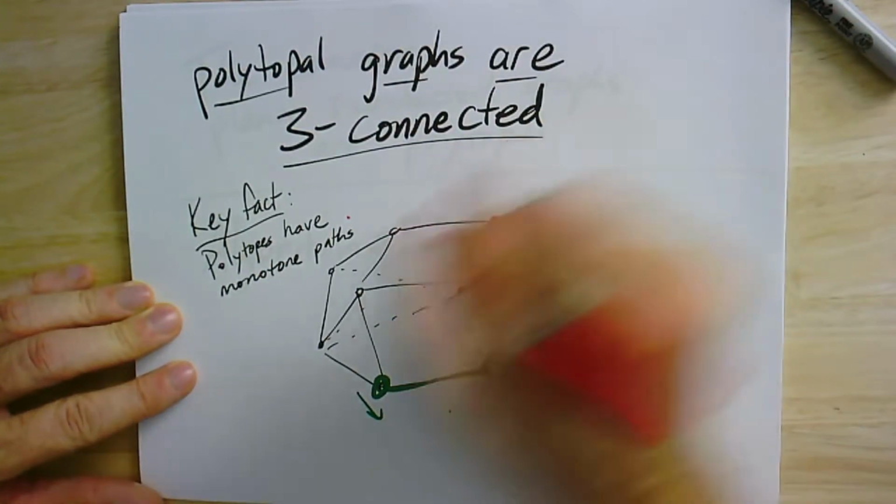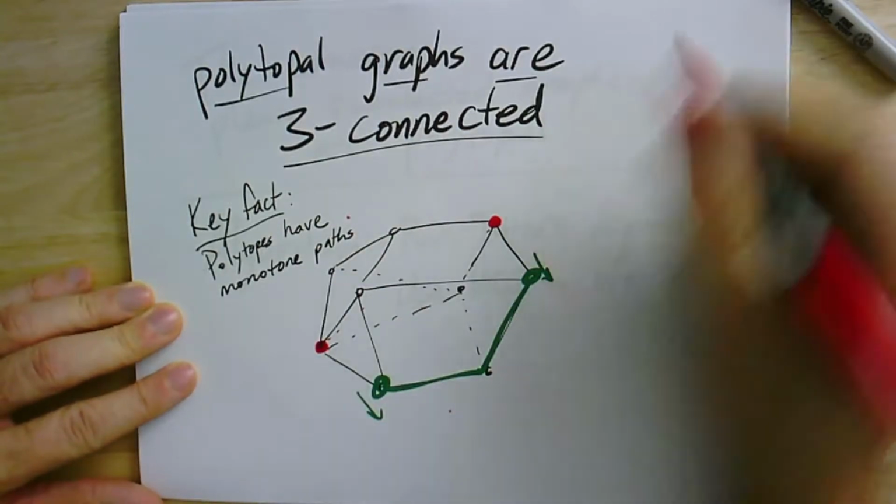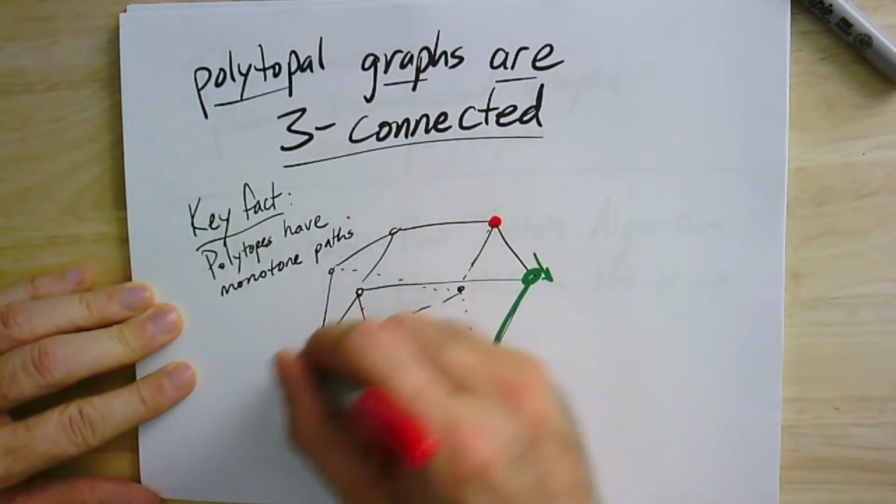If there was a cut of size 2, then I can always find a line.